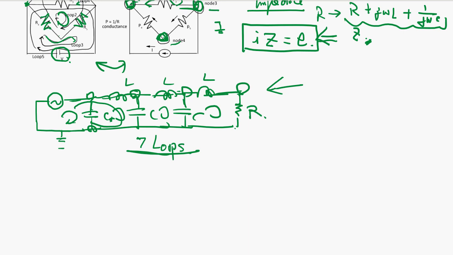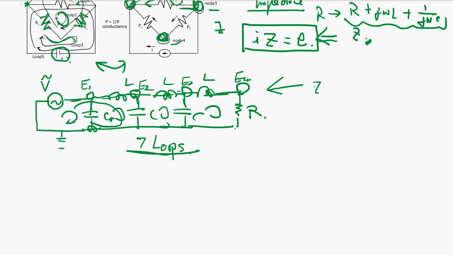Okay, so you set up unknown values E1, E2, E3, E4, and this is the AC voltage, this is V AC.